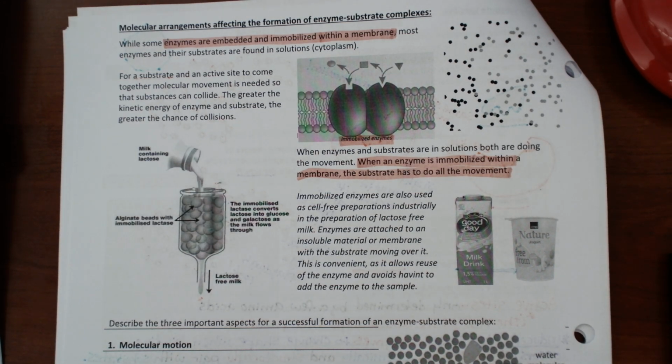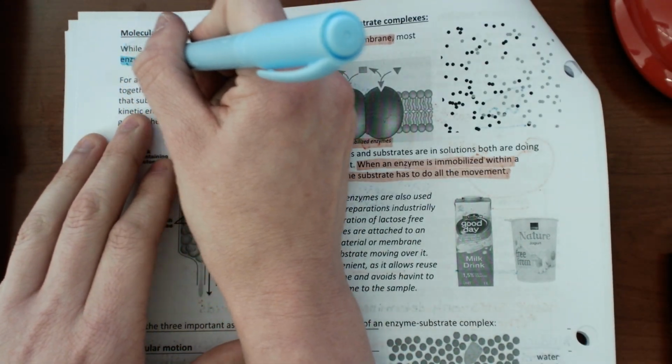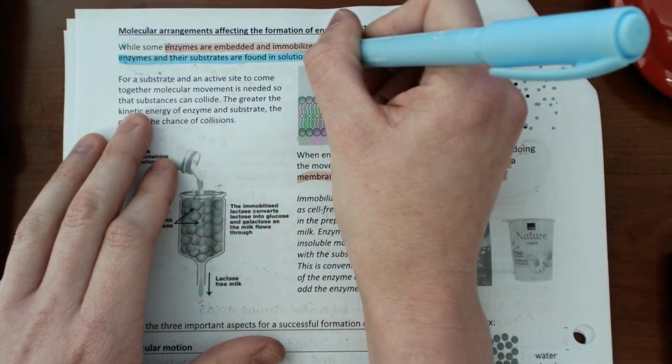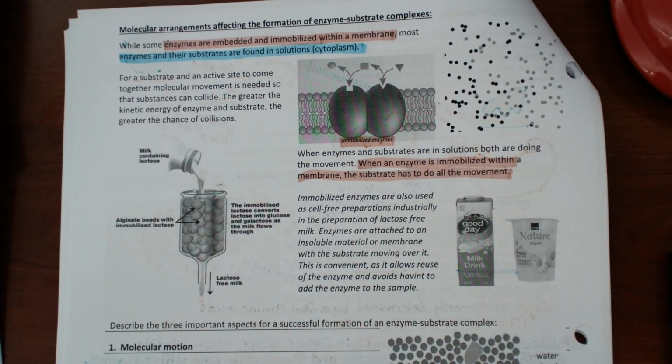Most enzymes and their substrates are both in solution. Which is their cytoplasm, which is just like an aqueous solution or like a water-based solution. And so most of the time, that movement is really kind of forced because they're constantly moving around in that liquid.